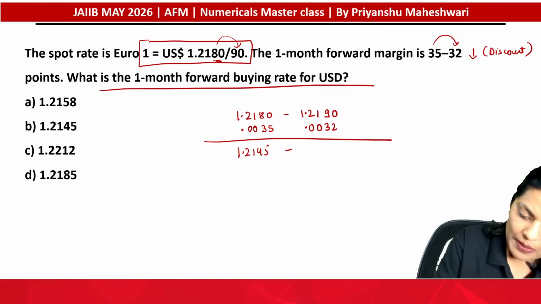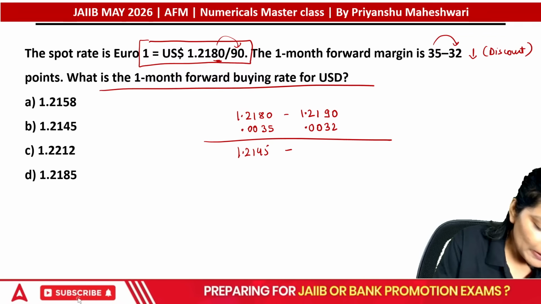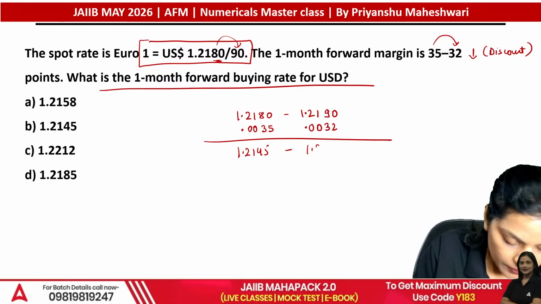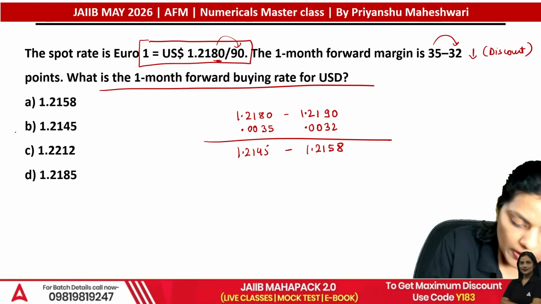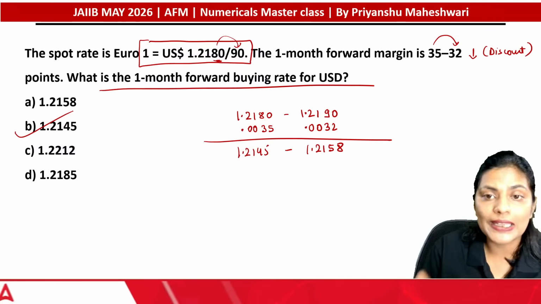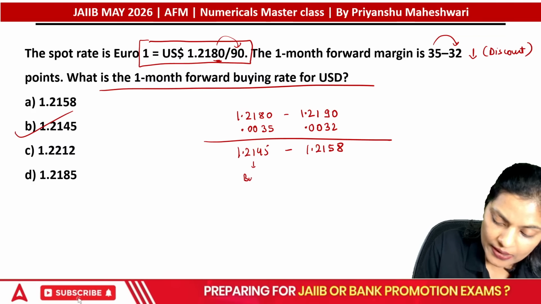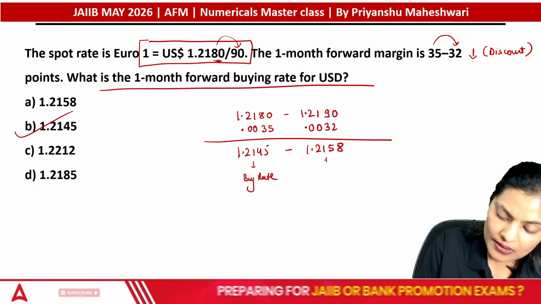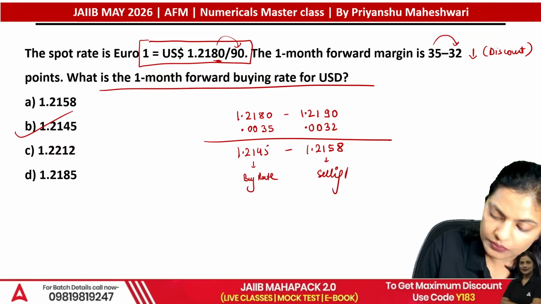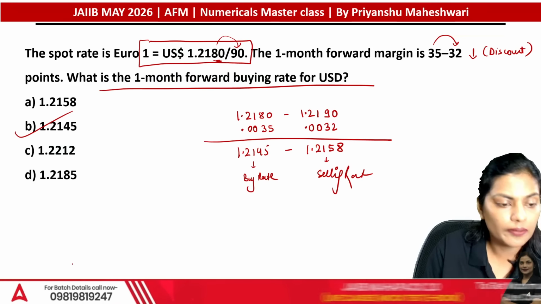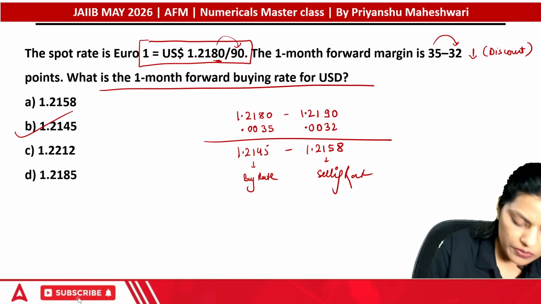Now they are asking the buying rate. That means the bank will buy at a higher rate or a lower rate. So it will be 1.2145 because the buying rate is always less, the selling rate is high. This is the buy rate, this is the selling rate. Okay, do not get confused.